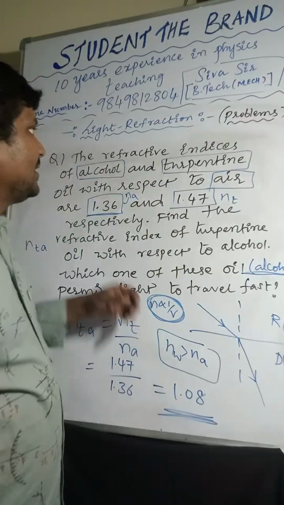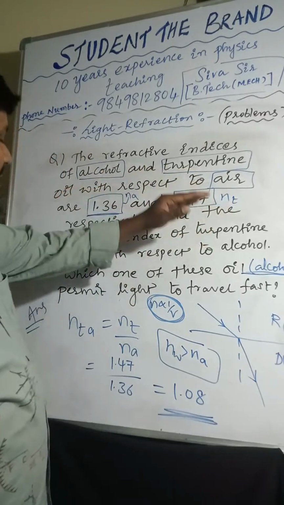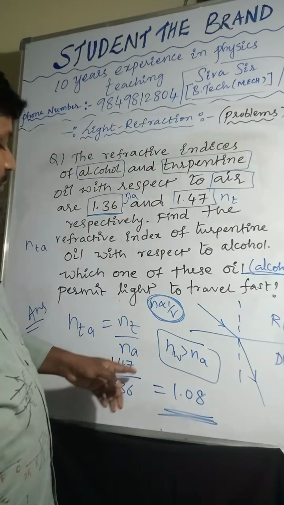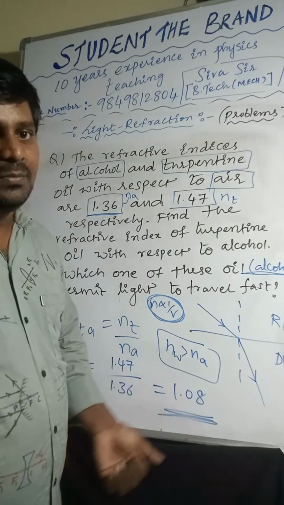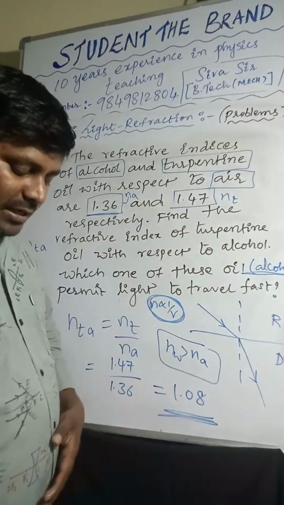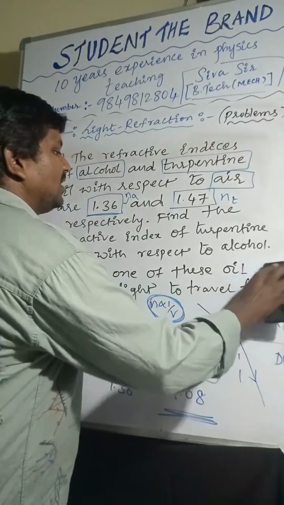Once again you can check. The refractive indices are already given for oil and turpentine. So use the formula n_TA by n_A. So 1.47 by 1.36, we will get 1.08. Now in which medium does the light move faster? The answer is alcohol.